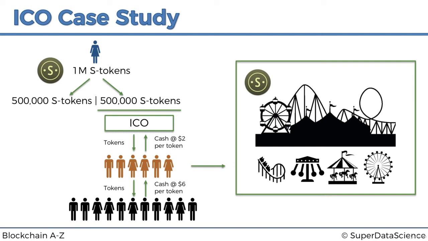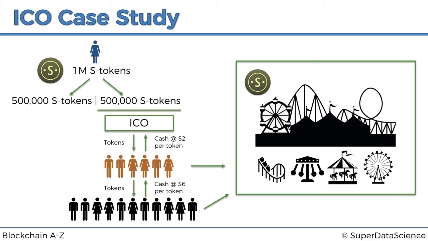Or they're actually interested in going to the theme park, and they're going to spend those tokens at the theme park and purchase rides and maybe products that they're selling in the theme park, well, mostly rides. You can jump on different rides and pay for the rides with tokens. And so that's how this whole system works.